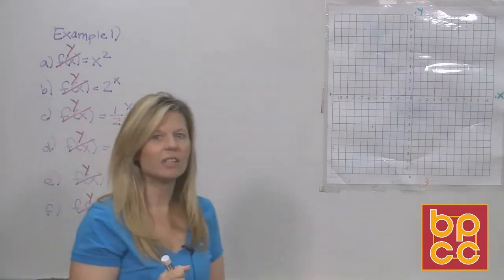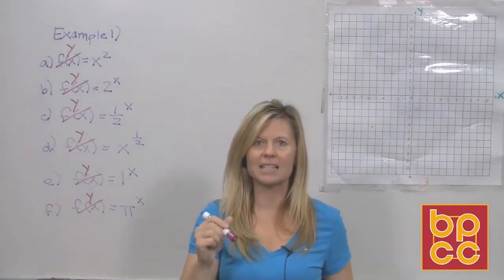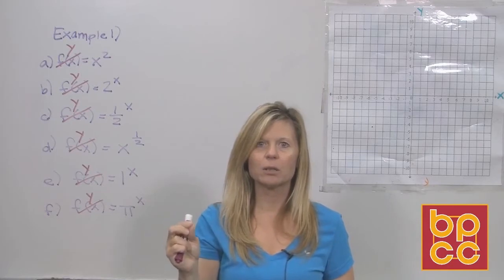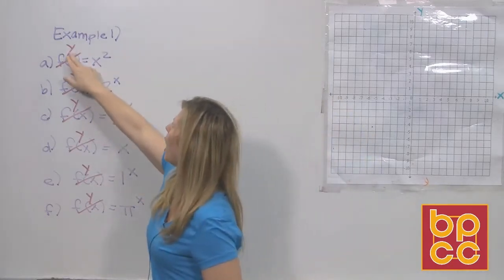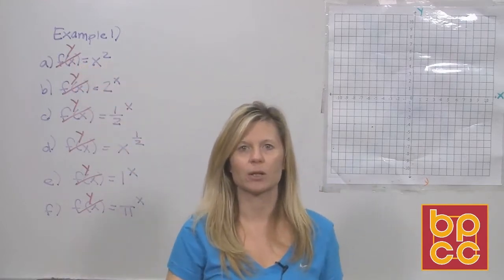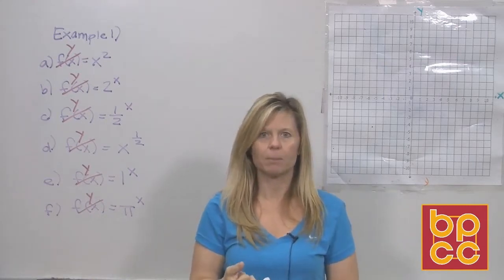The definition of an exponential function says the base must be a positive number other than 1. And the variable is in your exponent spot. So if I write y equals x squared, is that an exponential function? Is your base a positive number?